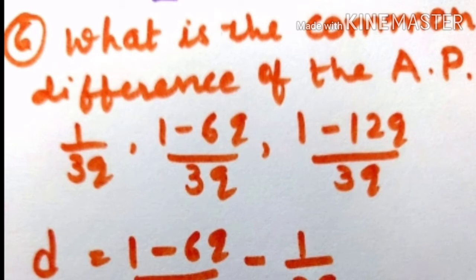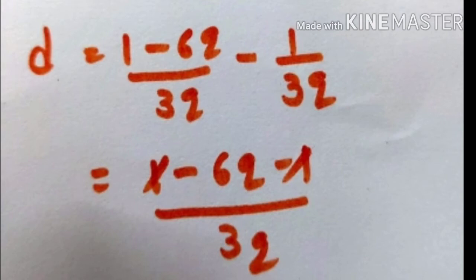1 minus 6q upon 3q minus 1 by 3q. Now the denominators are similar, 3q, 3q, so we can just subtract the numerators: 1 minus 6q minus 1 upon 3q. So plus 1 and minus 1 get cancelled.